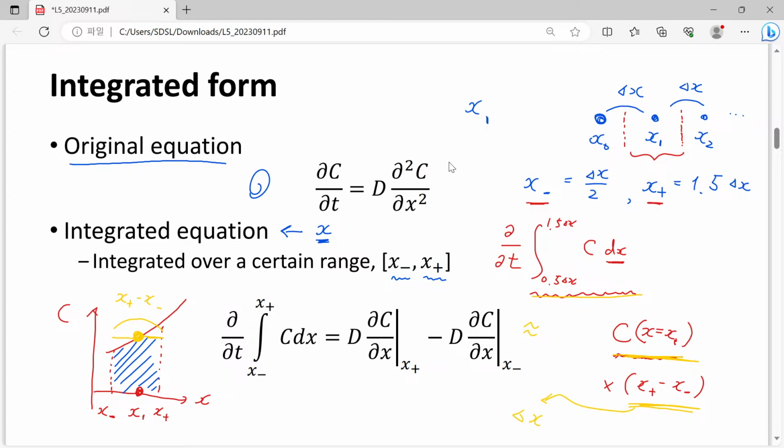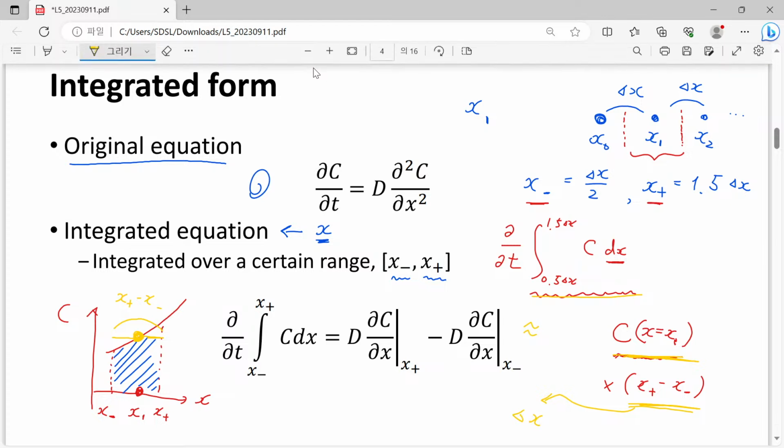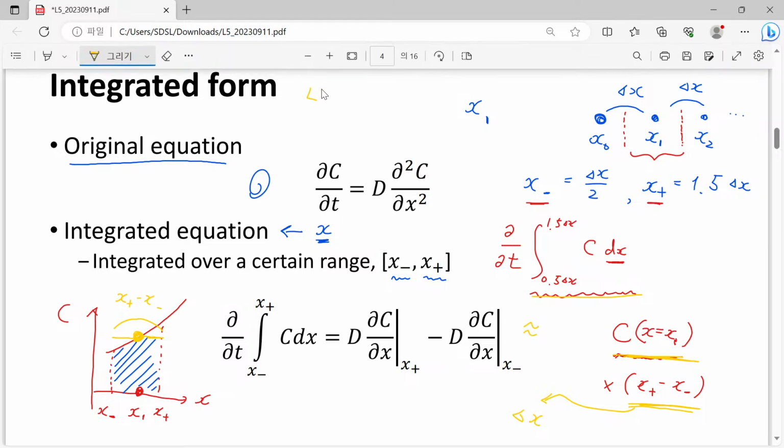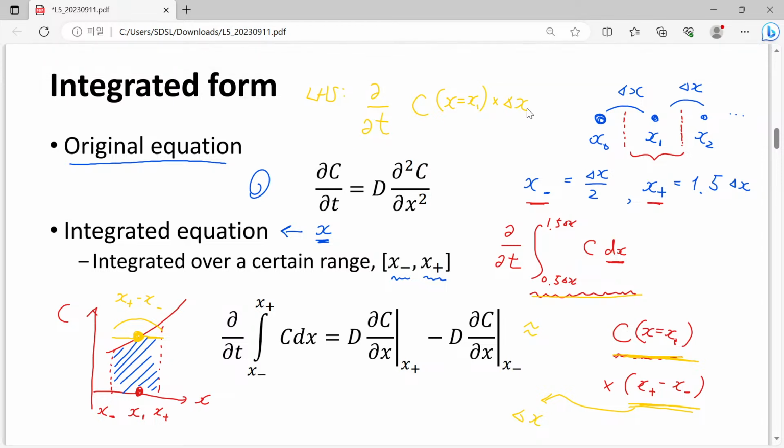So now we understand the left hand side term. Oh, sorry about that, still okay. So the left hand side term, after taking this integration over a small area, can be written as round over round t of c at x equal to x1 times delta x. This is the integrated form of our integral of diffusion equation. So are you all with me?